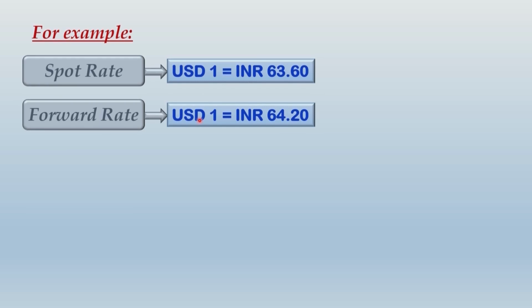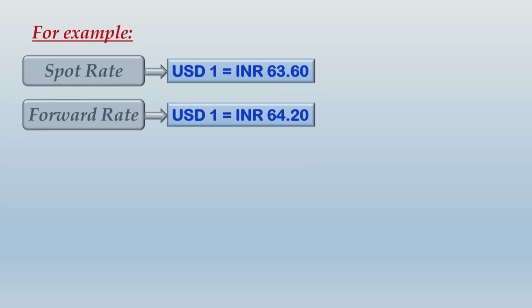We would also mention that in the forward market, the US dollar is quoted at premium and the Indian rupee is quoted at discount. Obviously, if the dollar is appreciating, the rupee will depreciate, and the same way, if the dollar is quoted at premium in the forward market, it is an obvious fact that the rupee will be quoted at discount in the forward market.